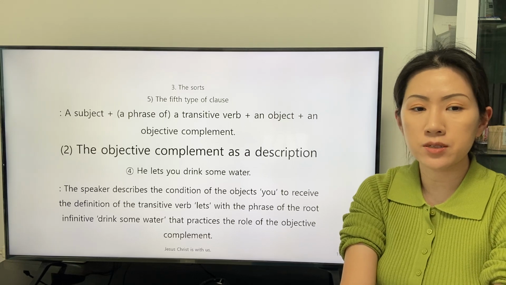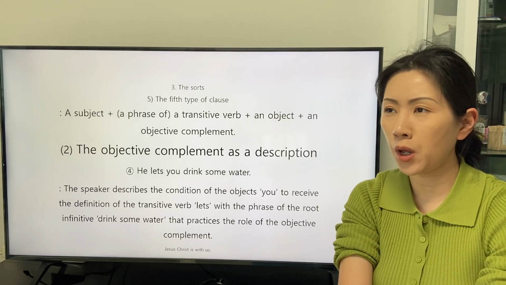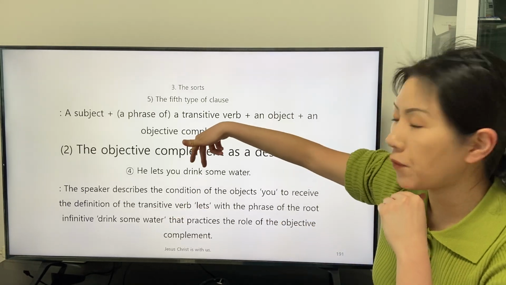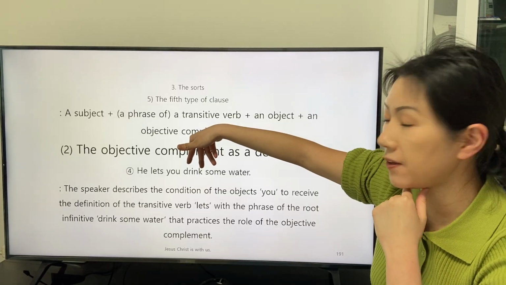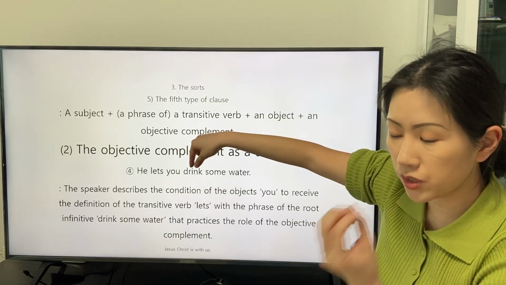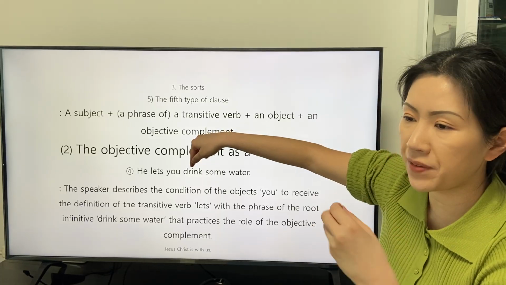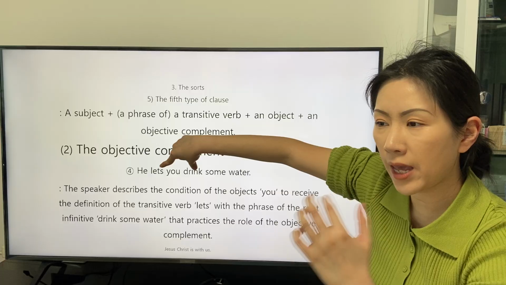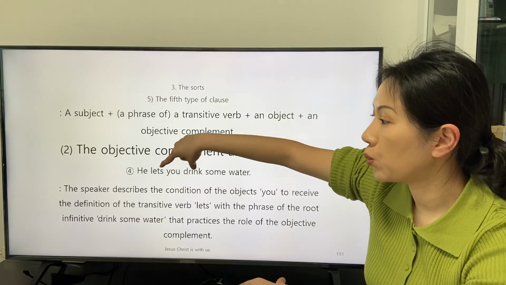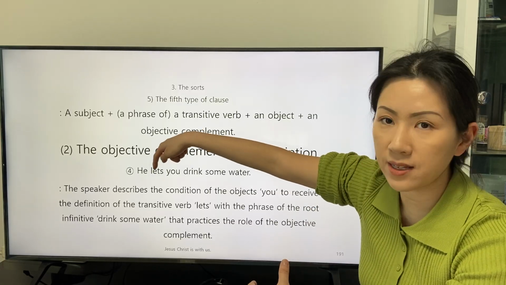The speaker describes also the same form as the transitive verb revealed by the root infinitive is good for revealing the concurrency in the actualization with the definition of the causative verb.